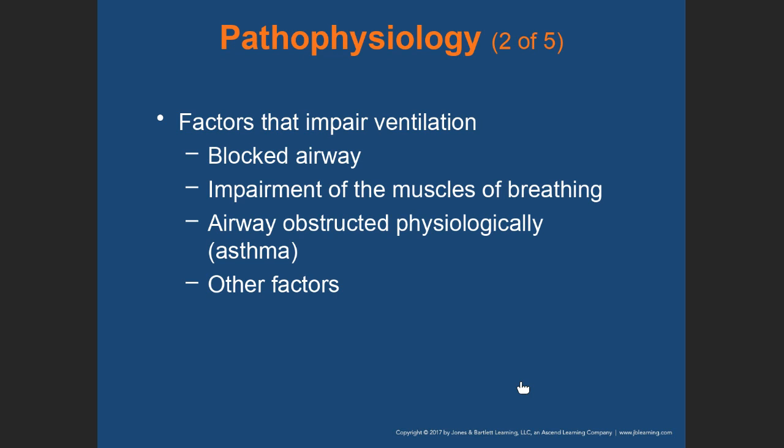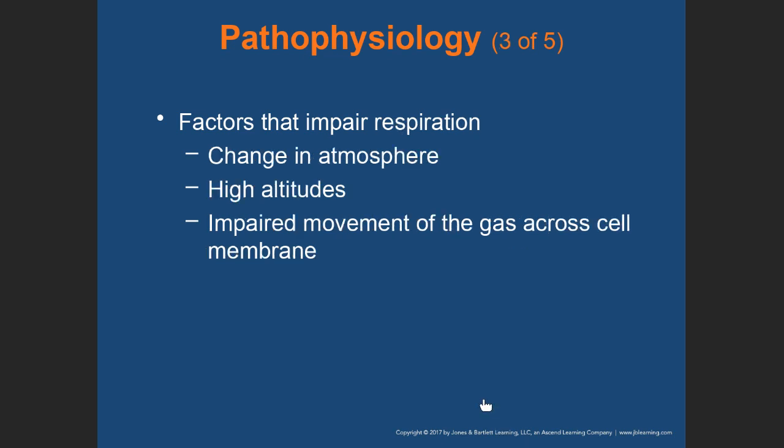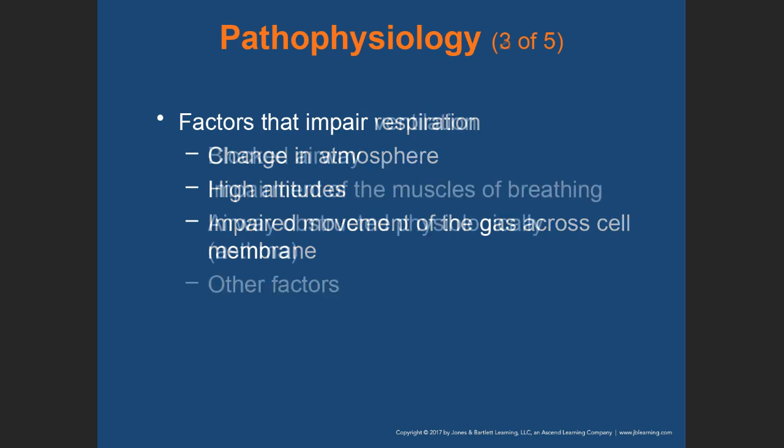It can be a foreign body, it can be fluid, it can be internal, so the patient is having an asthma attack or an allergic reaction and the airway starts to constrict. It can be positional. The patient is involved in a motor vehicle accident and something is pinning the chest down so the chest cannot move. So those are factors affecting ventilation.